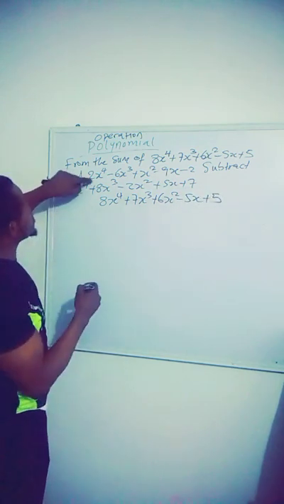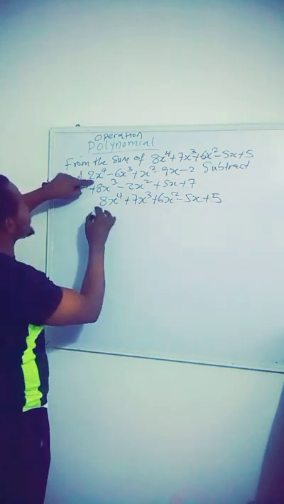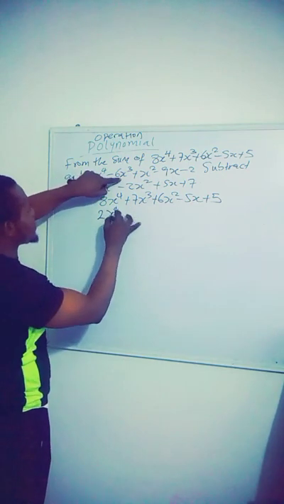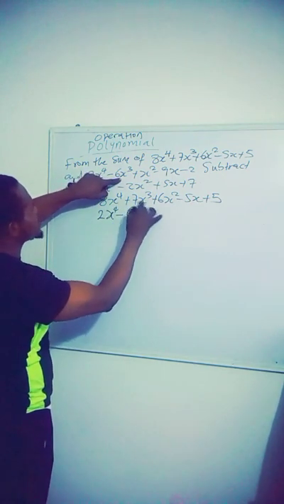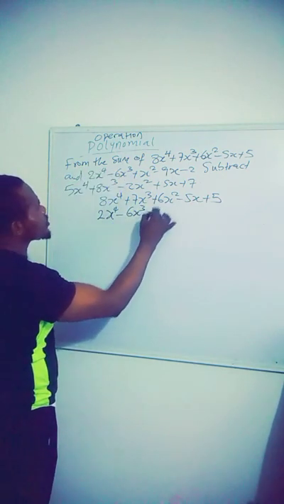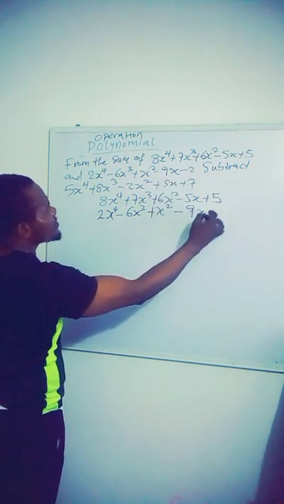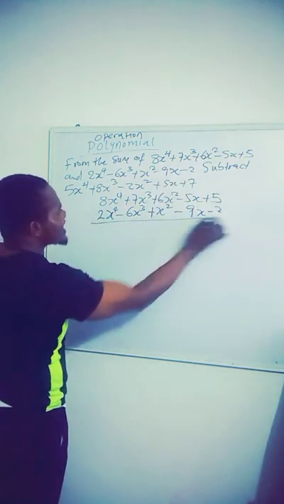We are adding it to 2s raised to power 4 minus 6s cubed plus s squared minus 9s minus 2. So we first add this.